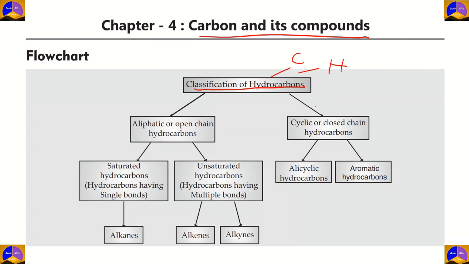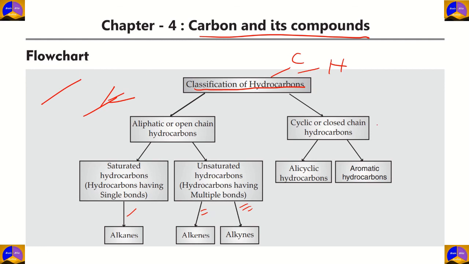Aliphatic hydrocarbons are saturated, which means they have only single bonds, or unsaturated, which have multiple bonds. Among multiple bonds, you have double bonds in alkenes, triple bonds in alkynes, and in saturated hydrocarbons, you have single bonds among all atoms in alkanes. Now, these hydrocarbons are open, which means they can be straight chain or branched.